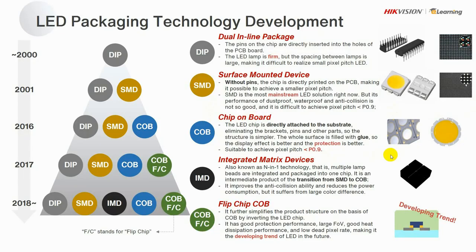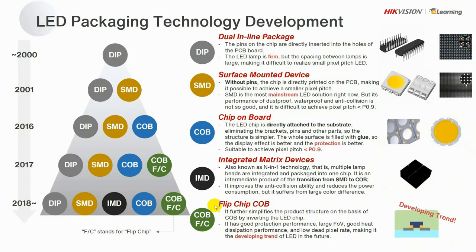The LED chip is directly attached to the substrate, eliminating other parts, like the picture shows here. With COB, we can achieve a pixel pitch smaller than 0.9, minimum 0.4, since it can pack more LED lamps into one unit, so to have a bigger and brighter lighting area.